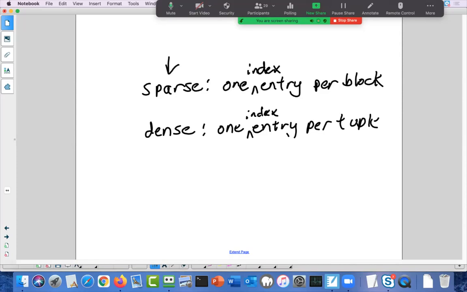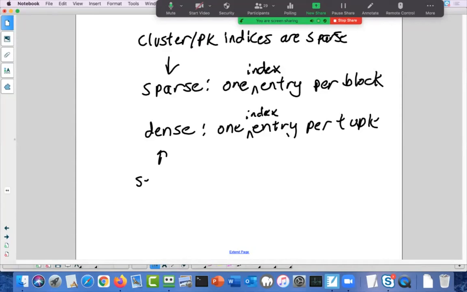So generally, cluster indices and primary key indices are sparse, and secondary indices are dense.